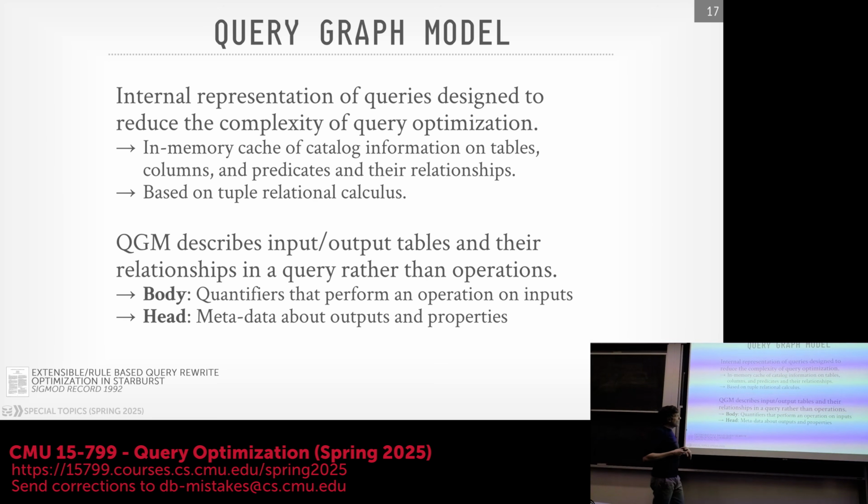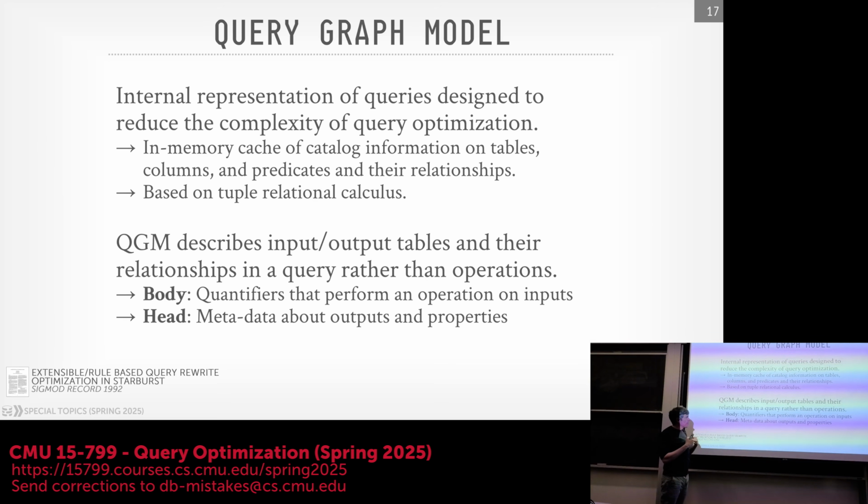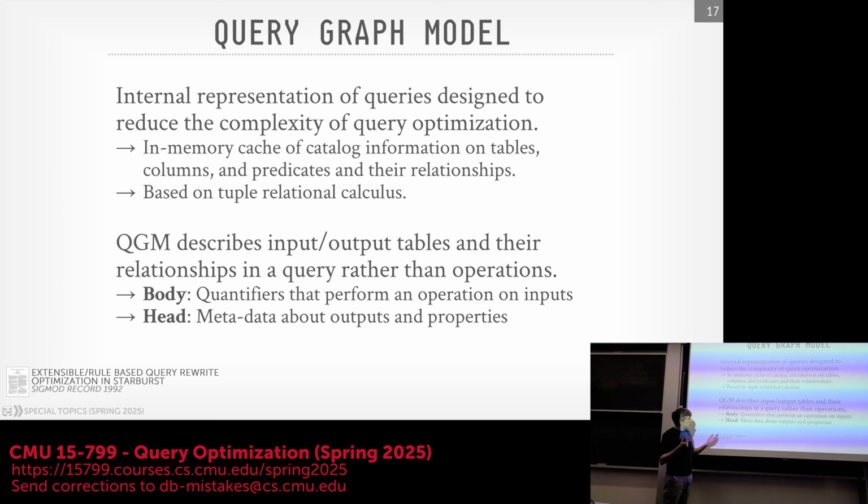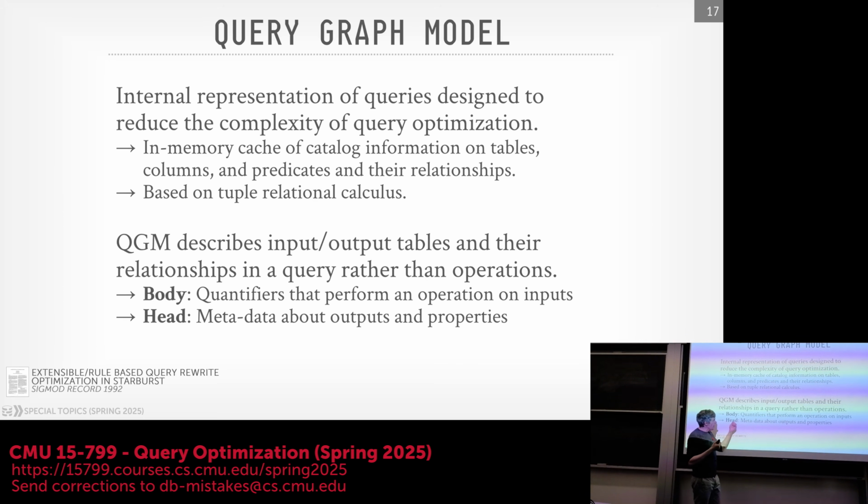So the query graph model is going to describe the input and output of tables and the relationships within a query, and they'll be put together in a box to organize things. Every box is going to contain the body that has all the quantifiers that perform some operation on some inputs.